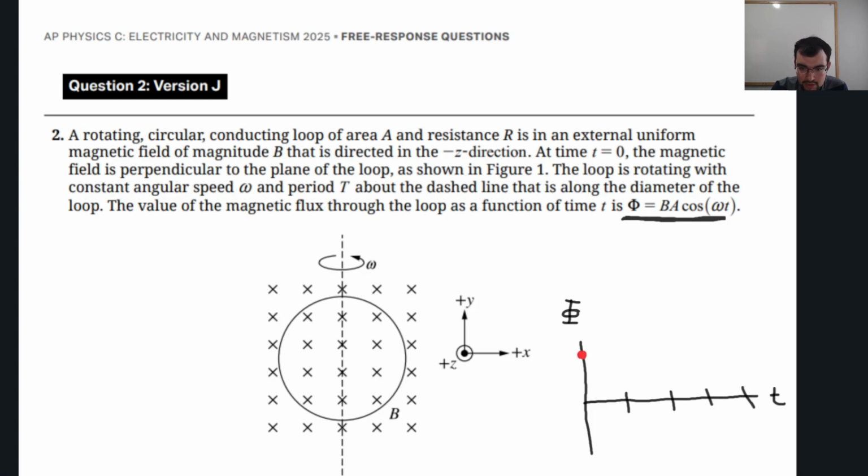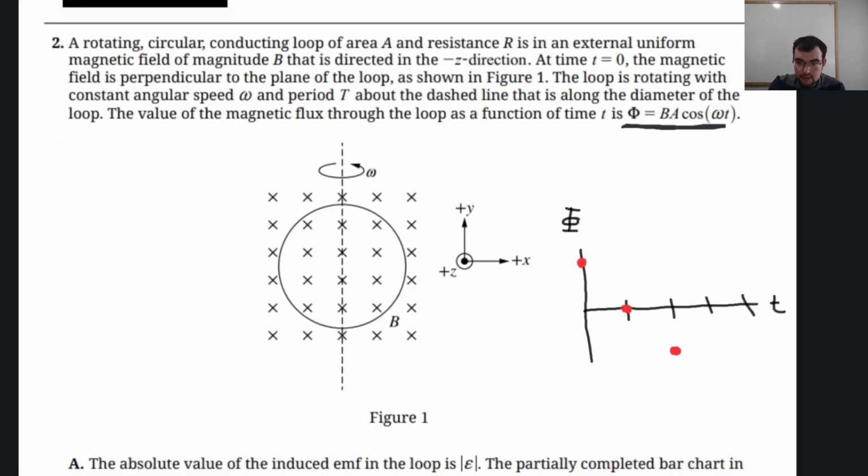So I start with maximum flux, and it's a cosine curve, so a quarter cycle later, it would be 0 flux. That's when the loop is on its side. Then a quarter cycle later, depending on direction, we'd flip and be maximized, and it comes back up, and then it returns to where it was originally.